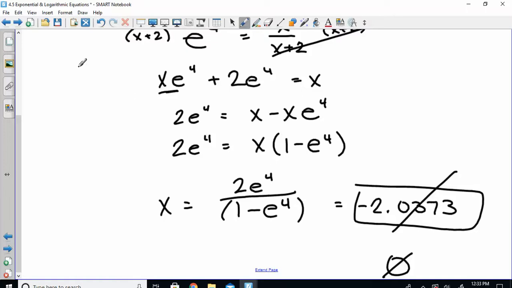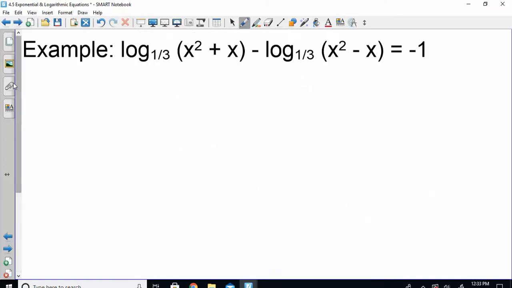All right, let's do another one. What would we need to do here? Divide. To combine these two logs, we divide.